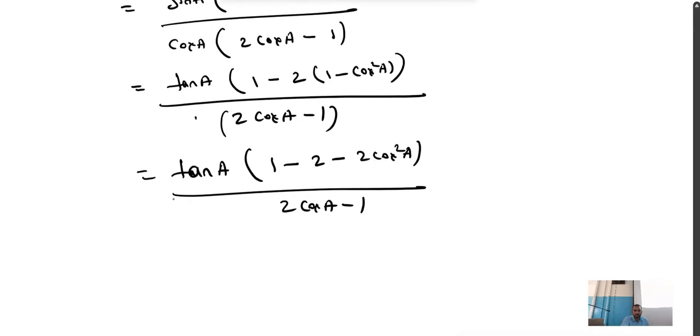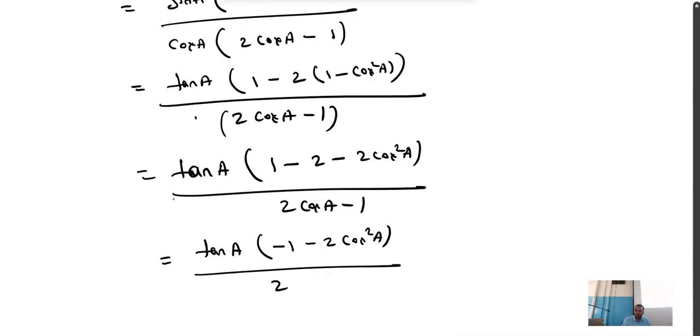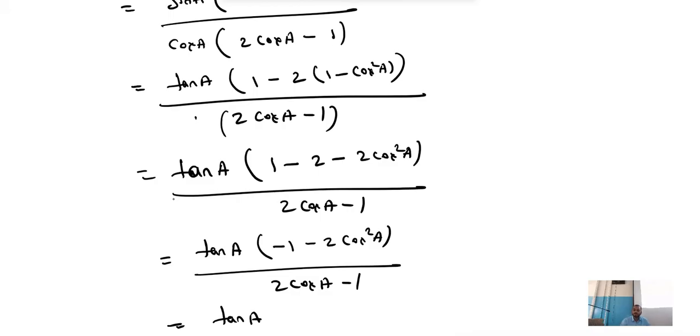Done? Then tan A into, what is 1 minus 2? Minus 1. Minus 2 cos square A divided by 2 cos A minus 1. Done? Then tan A. Oh, minus into plus, minus 2.